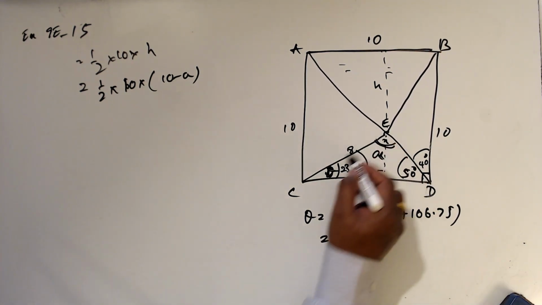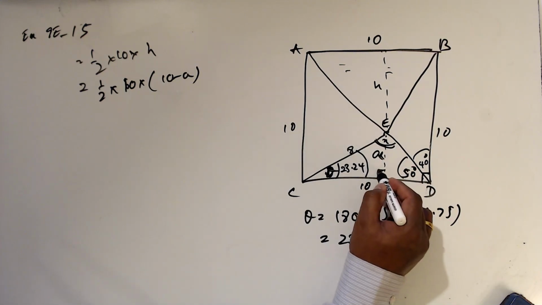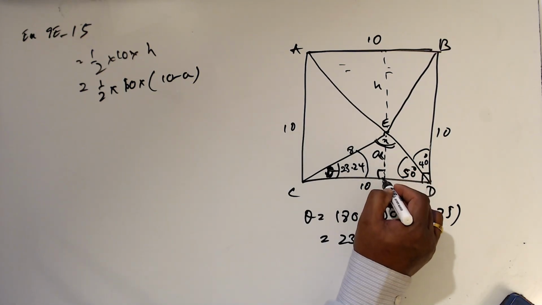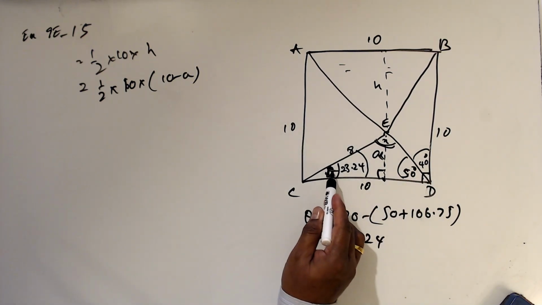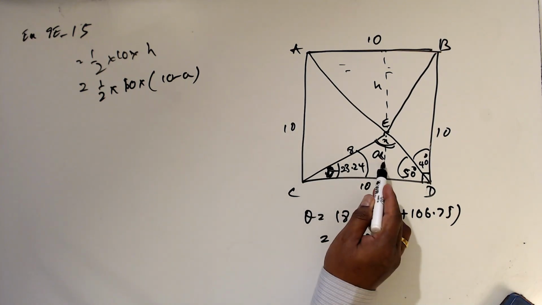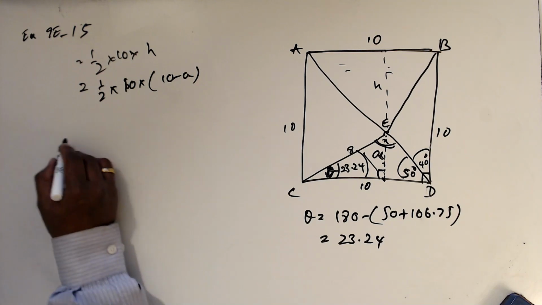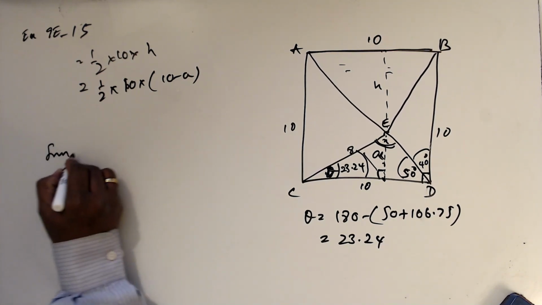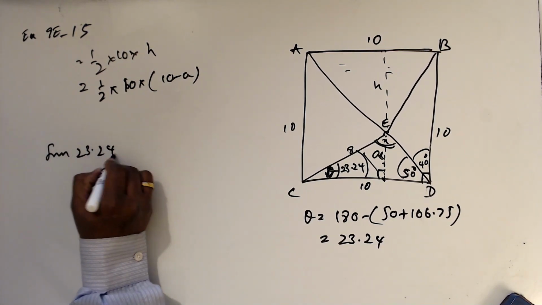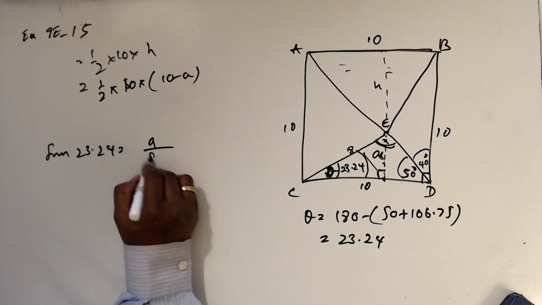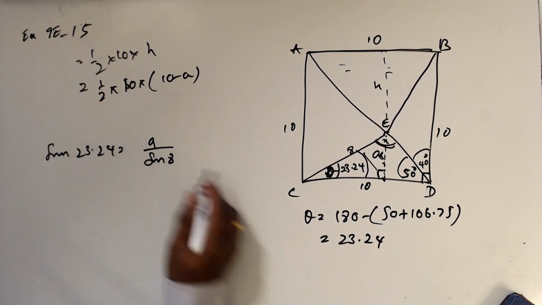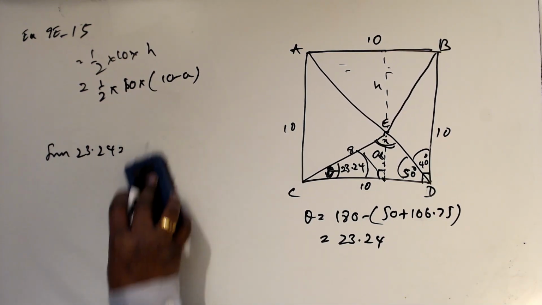Now when I consider this triangle, and when I come to this angle, I can see this is opposite and this is hypotenuse, then sine, opposite over hypotenuse, sine 23.24 equal A over 8.